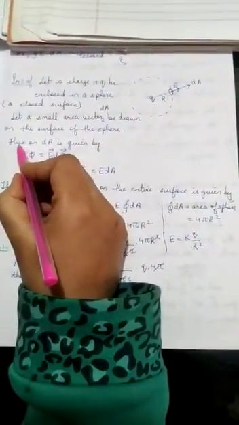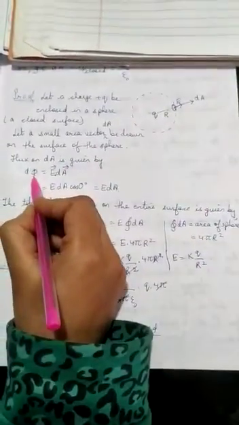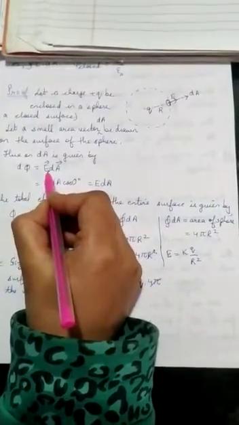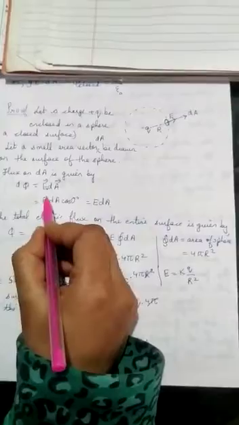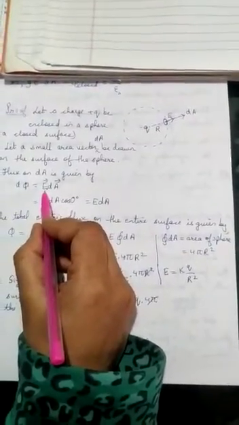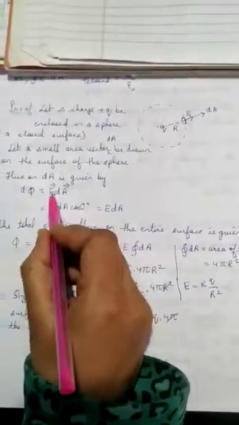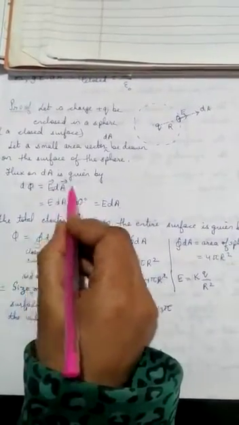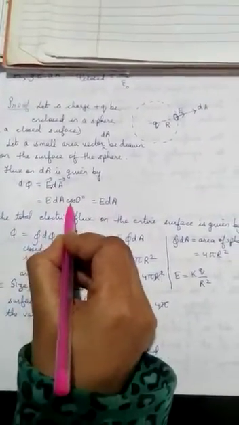Now, the flux on this small area vector dA is given by d phi, because it is a small quantity, d phi is equal to E vector dot dA. Here we are taking a uniform electric field. Now, writing it in scalar form, E dA can be written as E dA cos theta.